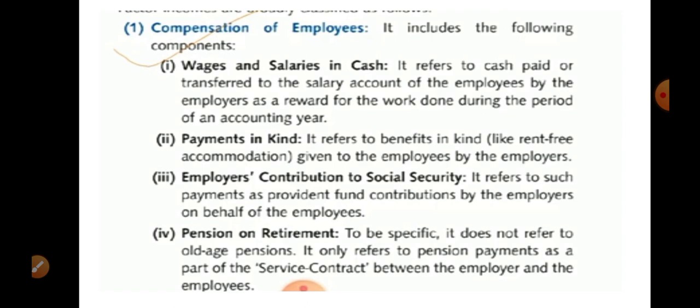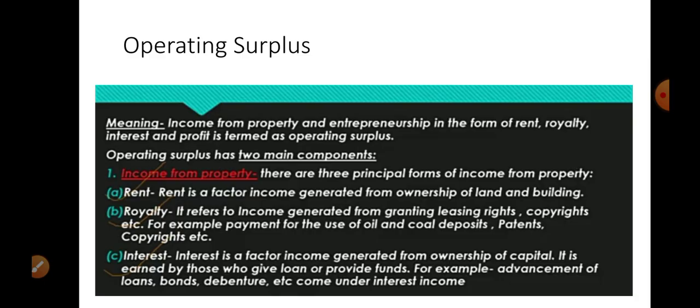Remember, if there is written old age pension, that is not included because it is a transfer payment, but retirement pension is only given to those people who have done a job in a particular organization or institute. So these are the components of COE, compensation of employees. So compensation of employees includes 4 things.